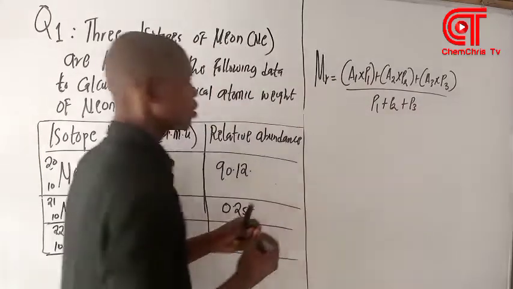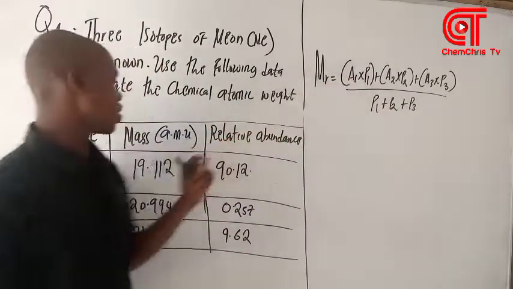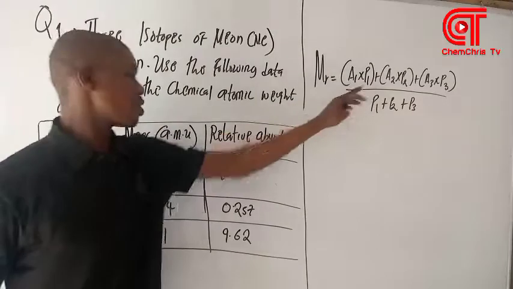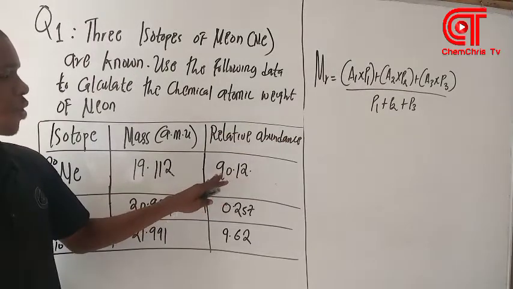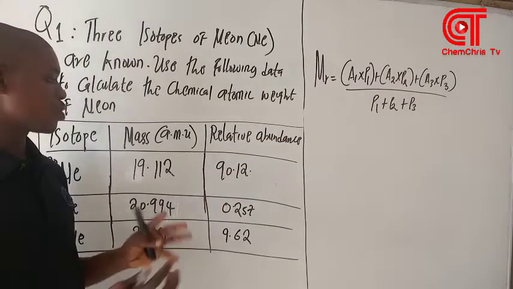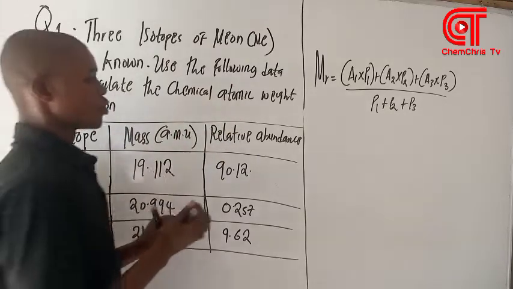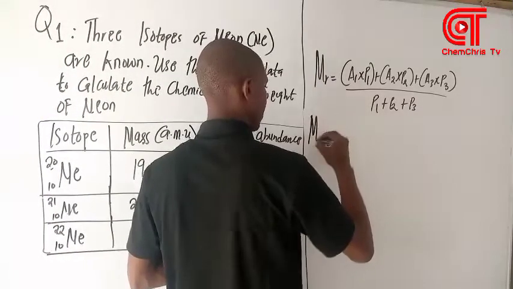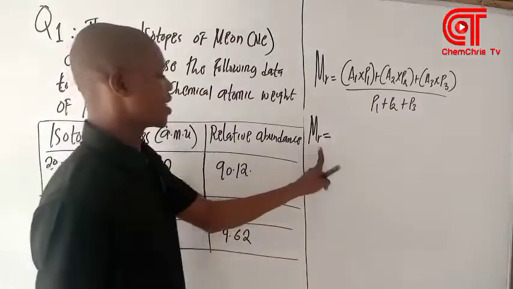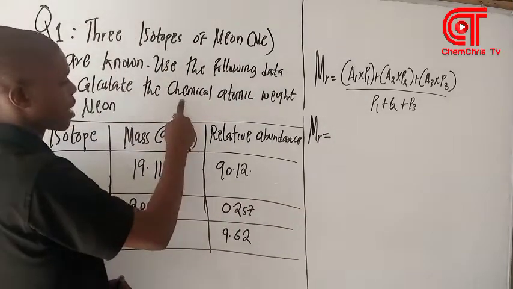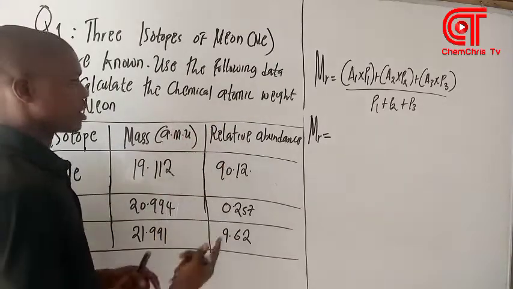Remember that A1 is the atomic mass unit of the first isotope, and P1 is the percentage abundance of the various isotopes. So what you want to do now is substitute your variable values into that formula. MR is the relative atomic mass. You can also say chemical atomic weight of neon. They are the same thing.